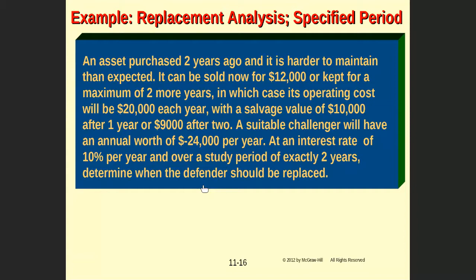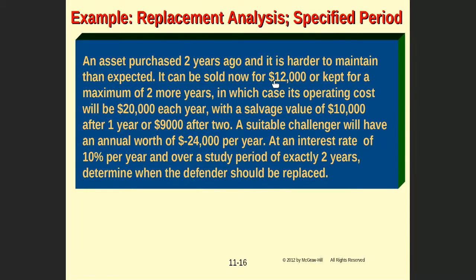The defender information here was given: it can be sold now for $12,000, and we consider that as a minus, as a loss of opportunity.